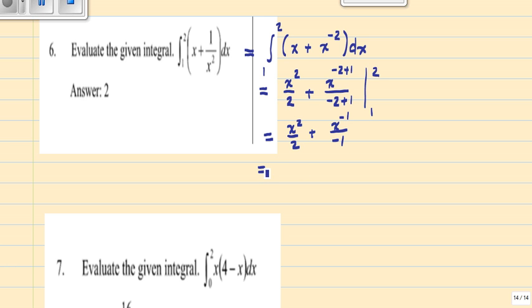So that is equal to, put two sets of brackets and substitute first the upper limit, so from 1 to 2.